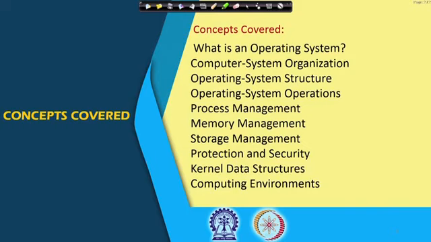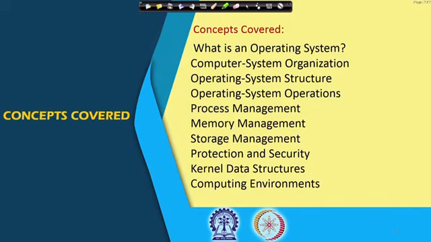With that we will start this course, and these are the concepts that we are going to cover. In this particular chapter, it is what an operating system is, the most fundamental concept that we have to make clear. Fortunately or unfortunately, a precise definition of an operating system is difficult, because different people will look at it from different angles.